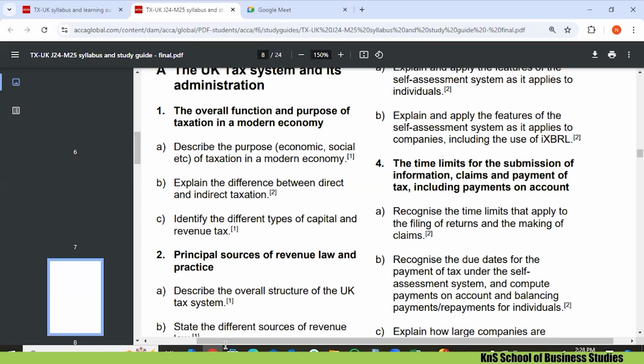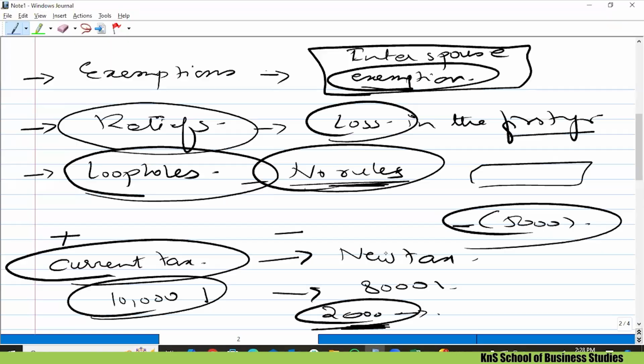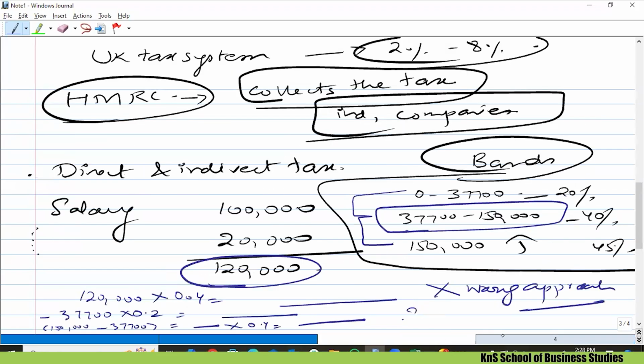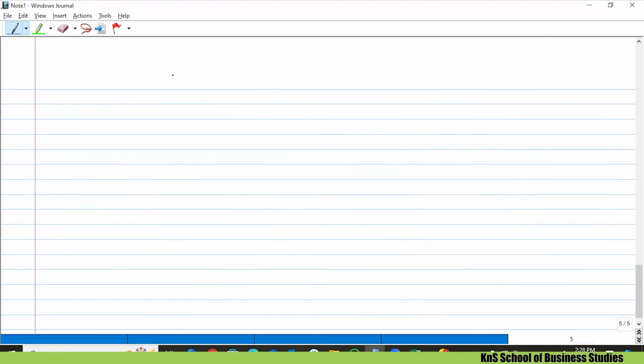Then there are types of taxes, like capital tax and revenue tax. See, if there are some people or some classes in an economy that do not pay tax, the purpose doesn't get fulfilled. In every economy, it's never possible that every individual will have the same income.